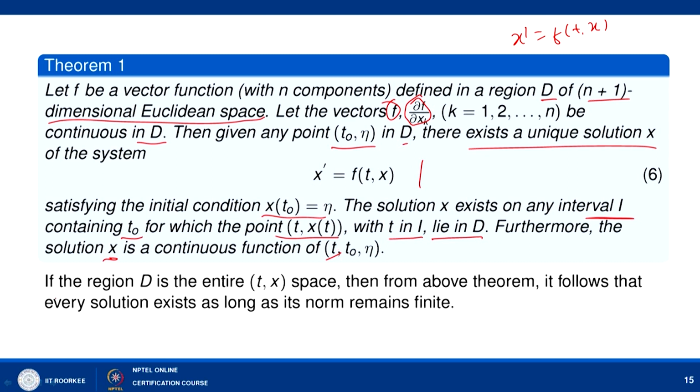Now, if this domain D which we are talking about is the entire t-x space, then from this theorem it follows that every solution exists as long as its norm remains finite.